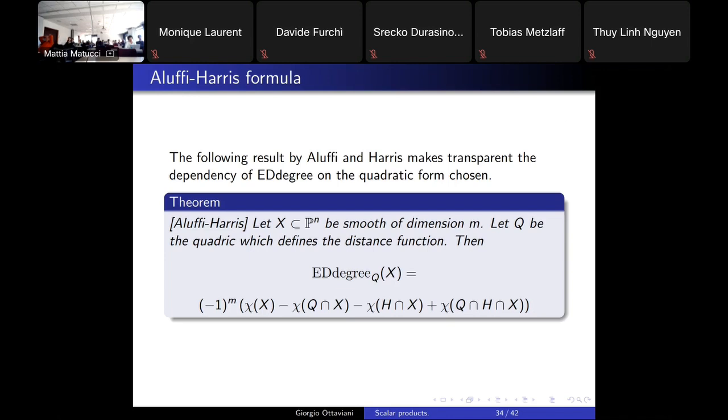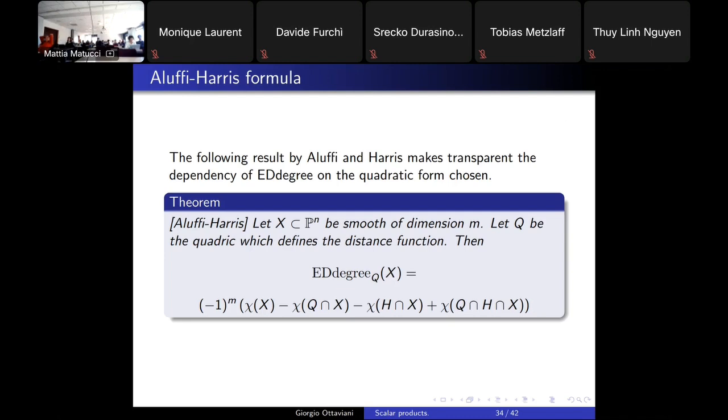That is interesting because now there is an assumption of X being smooth, but no assumption on Q, so no transversality. So in some sense it is better than Catanese's formula because you can use it for any Q.